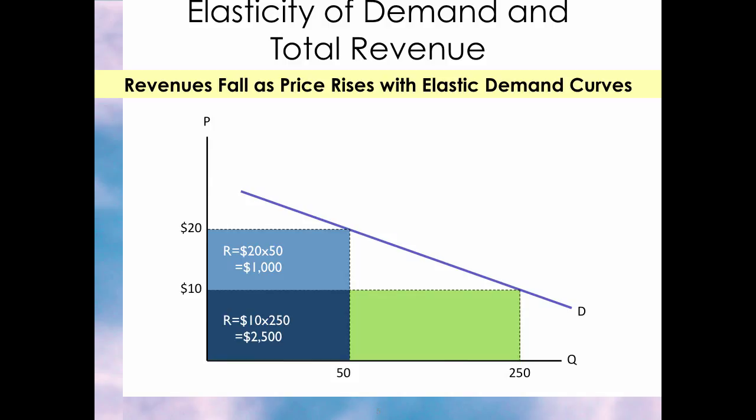The new price gives you total revenue of only $1,000. In this case, revenue falls as price goes up. This basic example illustrates that revenue falls as price rises if the demand is elastic. Why? Because an elastic demand is very responsive to changes in prices.